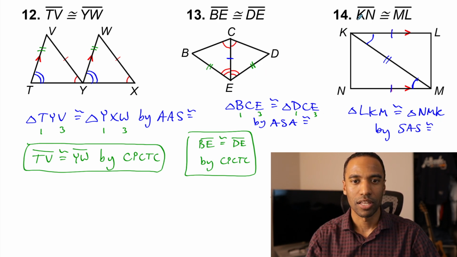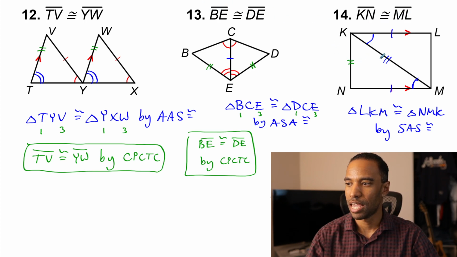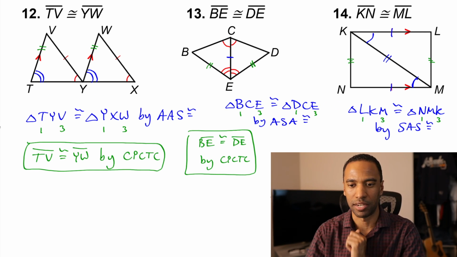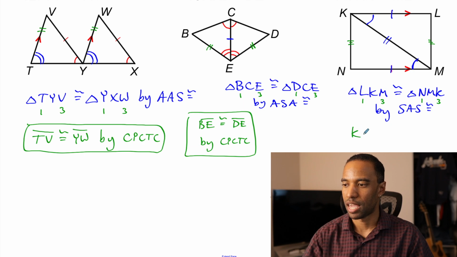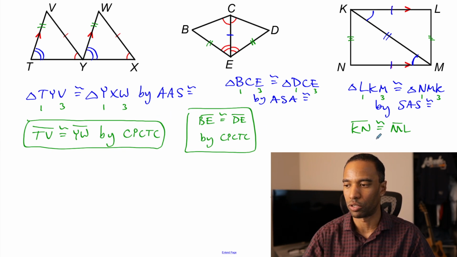All right? Let's see if KN is congruent to ML. Is KN congruent to ML? KN with ML. Yes, those parts corresponded. And so they're good. I don't think they're trying to trick you. Like, we know that they are. I think part of it is making sure you wrote your triangle congruent statement correctly.